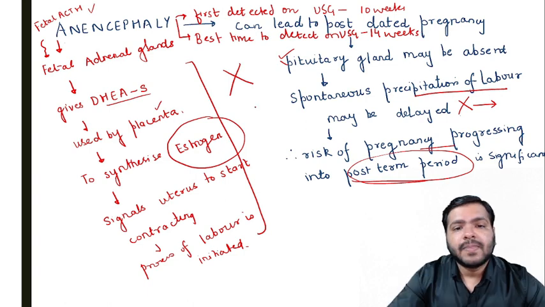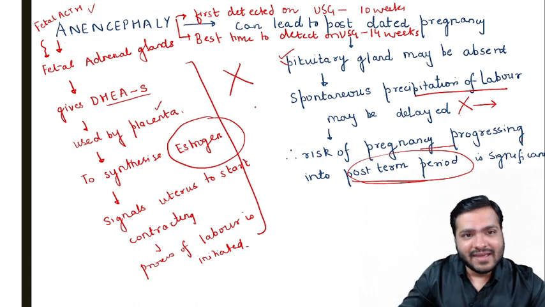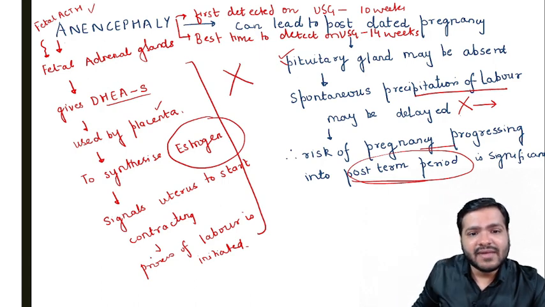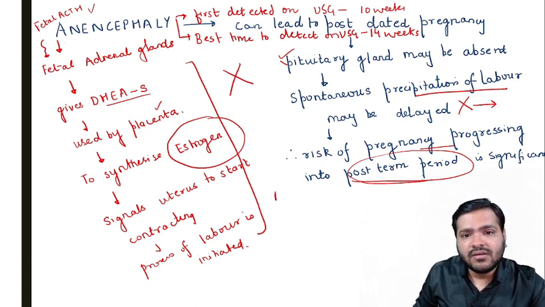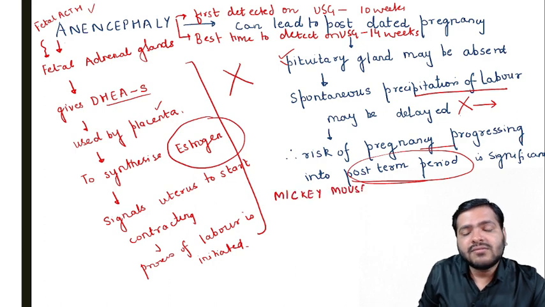And remember, what are the signs that you will see on ultrasound? Yes, that is the Mickey Mouse sign. You can write it over here. That is the Mickey Mouse sign, also called the frog eye sign.